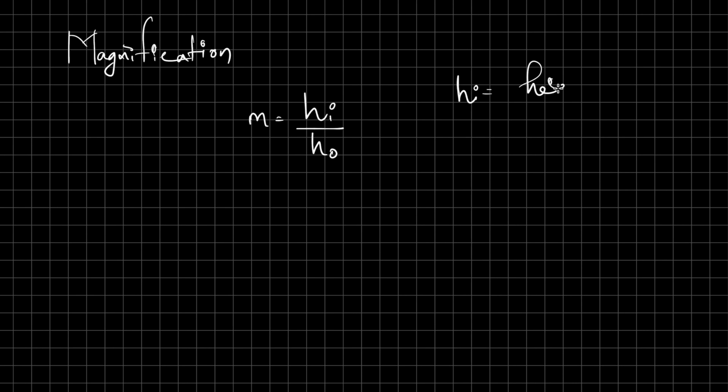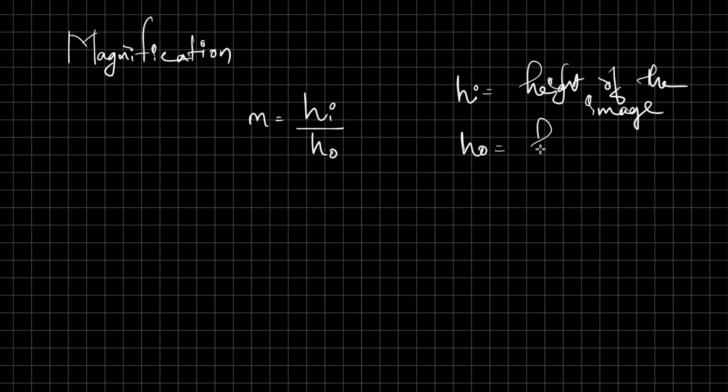Now let's talk about magnification. Magnification tells us how big or how small the image is compared to the object. The equation for magnification is m is equal to height of the image over height of the object. Hi is height of the image.